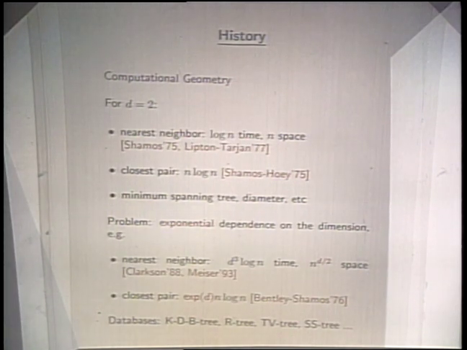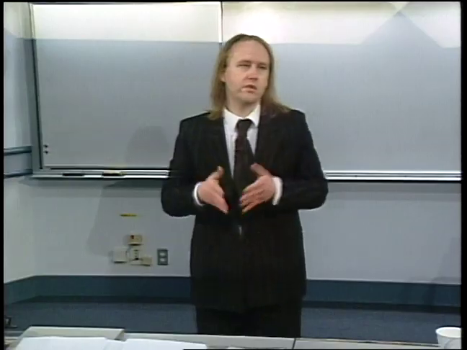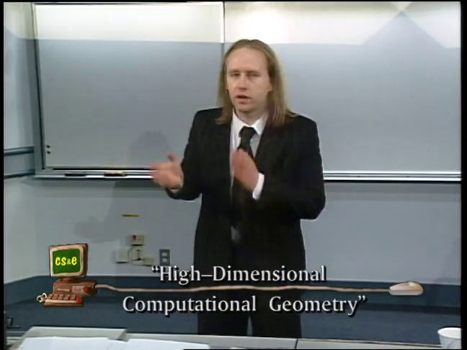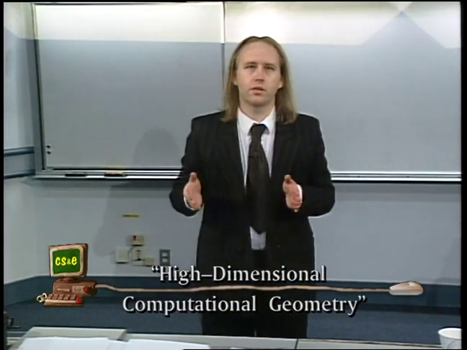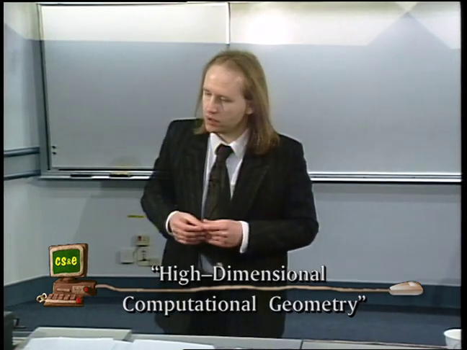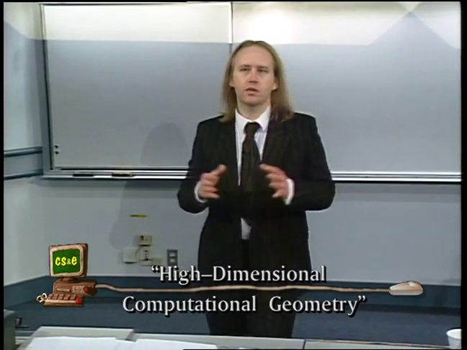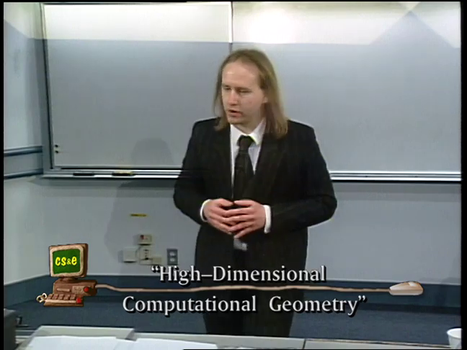Similarly, the closest pair can be solved in time almost linear in n, but again, we are getting a factor exponential in d. So even for small d, we are not gaining much from this algorithm as opposed to the trivial n squared time algorithm. This is the problem often called the curse of dimensionality, this exponential dependence on dimension.